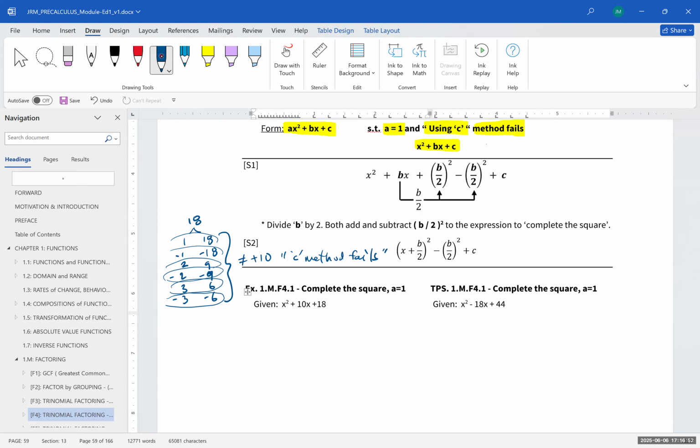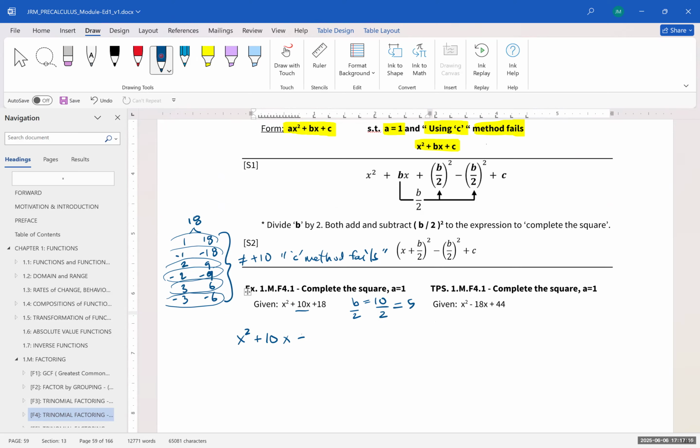So what we do is we take the coefficient of the second term and divide it by 2. We can then rewrite this as x squared plus 10x, and here that's going to be equal to 5.